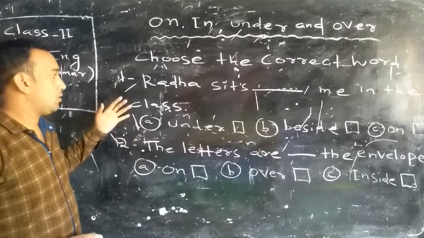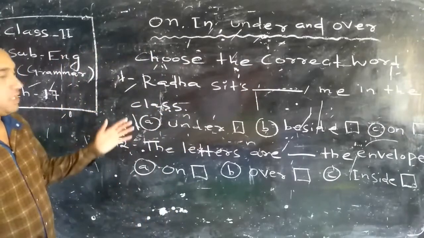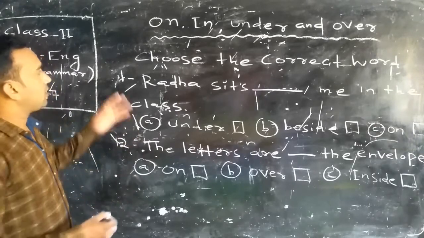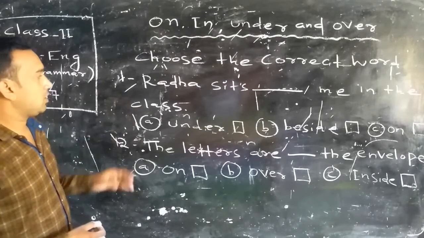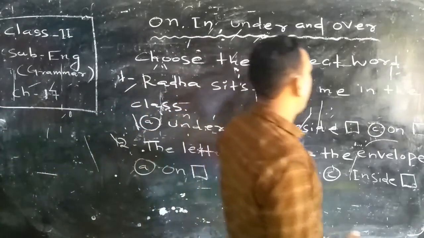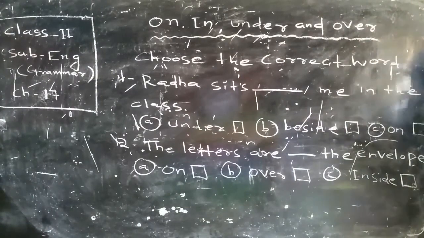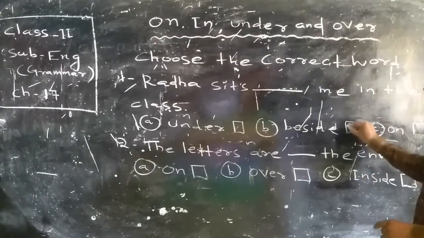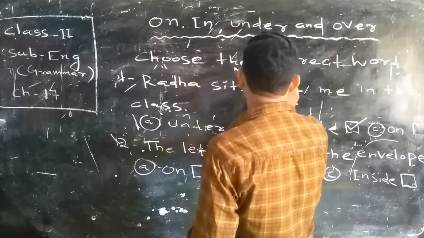Which one do we have to use in the blank? We just have to see properly and give the answer. Under, beside, or on. So here we have to tick beside. B is the right answer, and we have to write here beside.